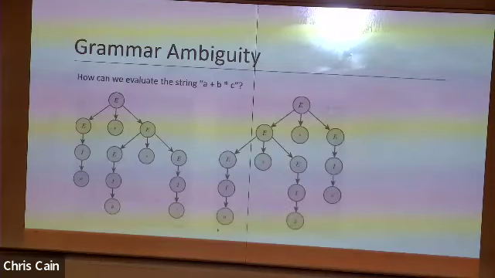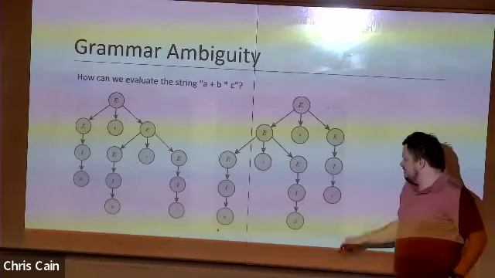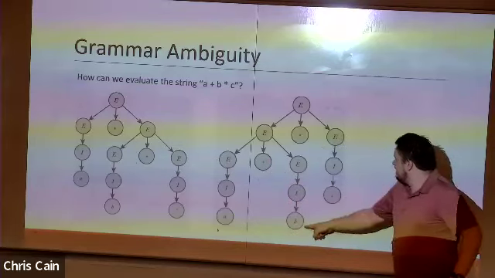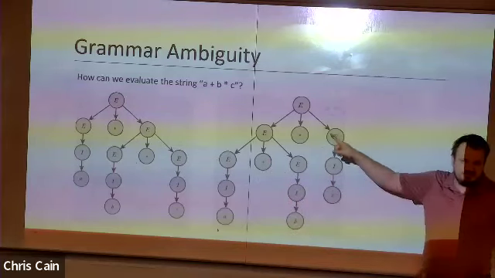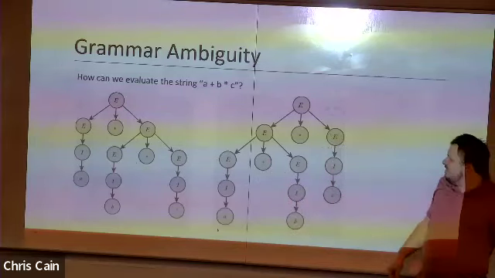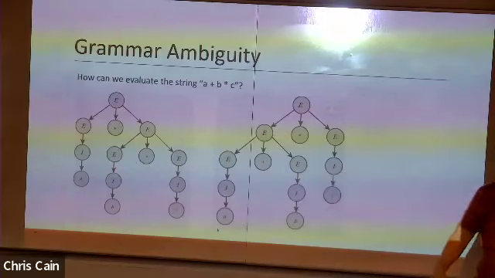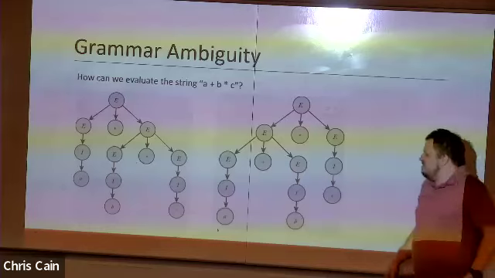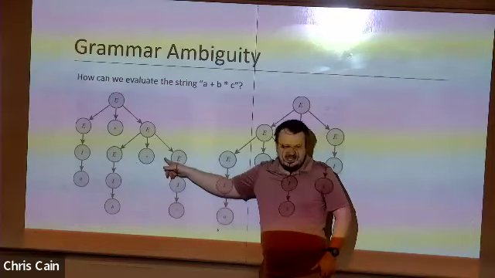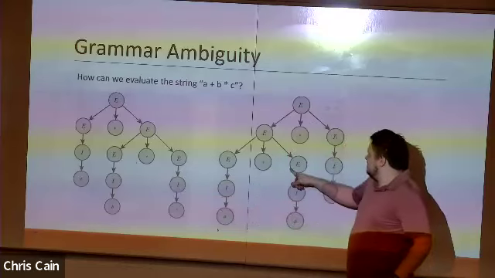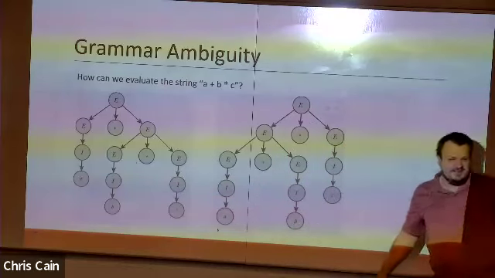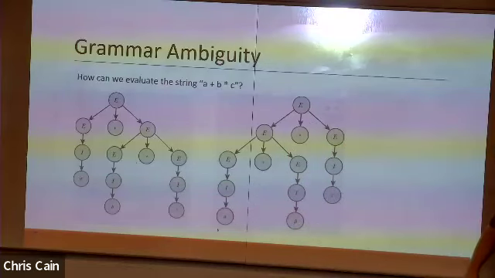But this parse tree can also be constructed. Right? This is also a legal way to produce A plus B times C if we're doing a depth first search through this. So nothing about this structure tells us anything about the order of operations. If we do a leftmost derivation, we get this. If we do a rightmost derivation, we get this. And depending on the leftmost versus rightmost derivation, we have a completely different way of understanding this expression.